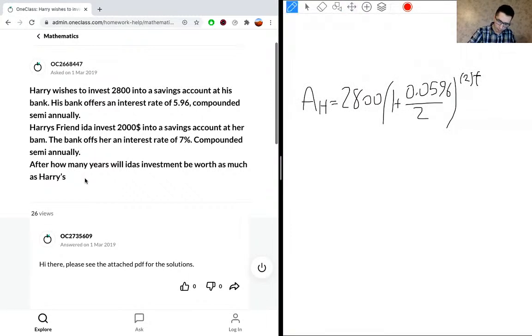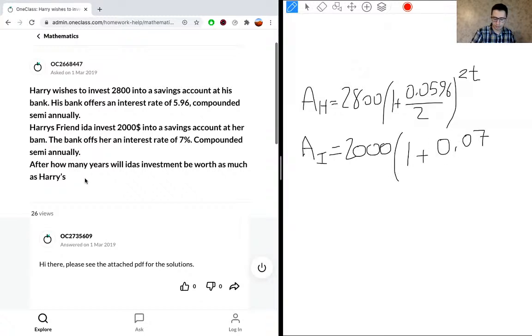And then for Ida, we have AI equals 2,000 times (1 plus 7%, which is represented by 0.07, divided by 2). And then we have N, which is also 2 for both, and then we have t.